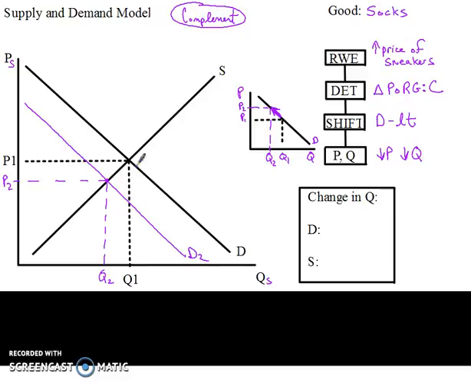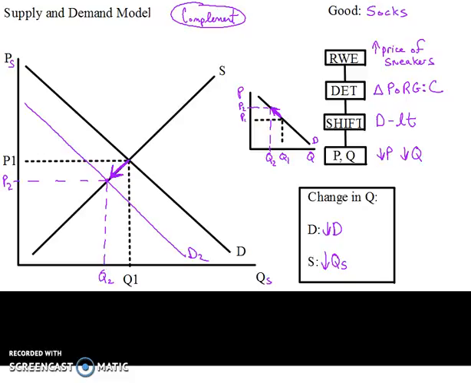The demand curve shifted, so we call that a decrease in demand. And then we moved along the supply curve, so we call that a decrease in quantity supplied. Whenever the price of a complement goes up, the price of the good we are studying will go down.